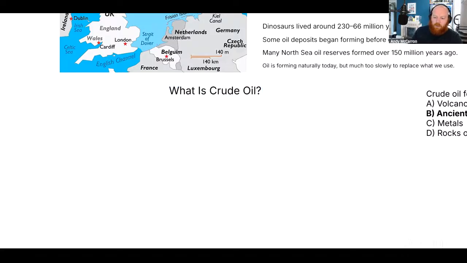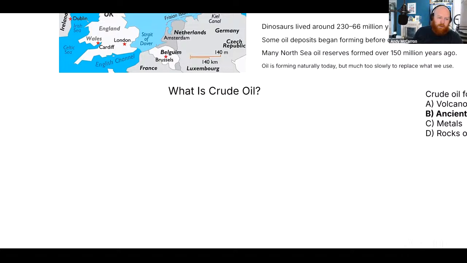Many think crude oil is just an oily substance that we use for car engines and stuff. But crude oil is actually a mixture of hydrocarbons. It isn't just a single substance, it's a mixture of lots of different hydrocarbons.